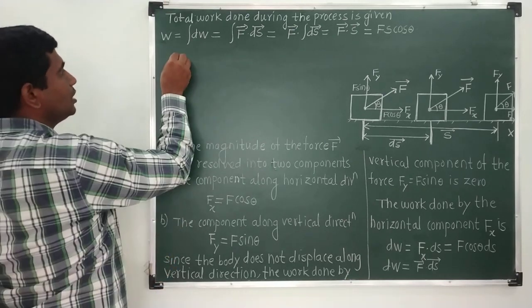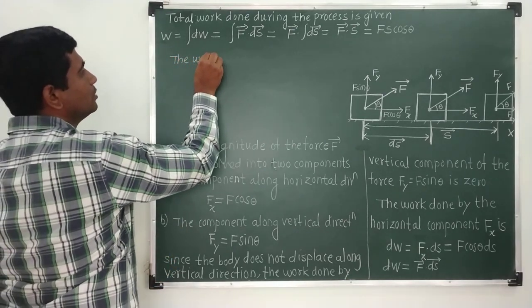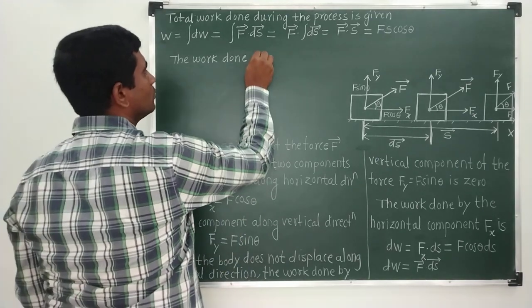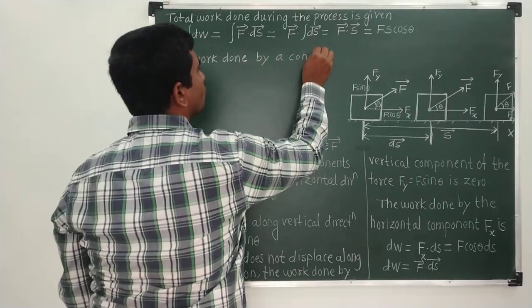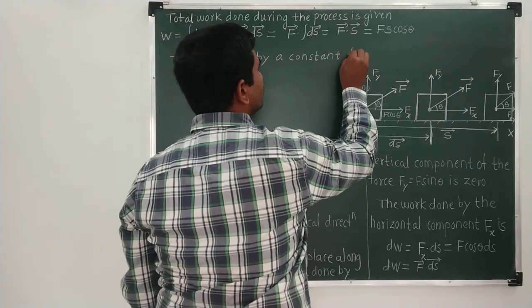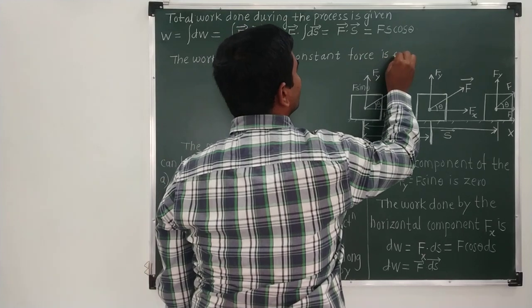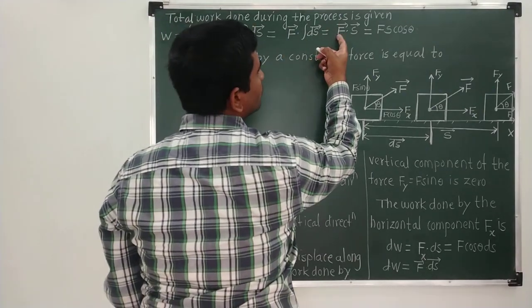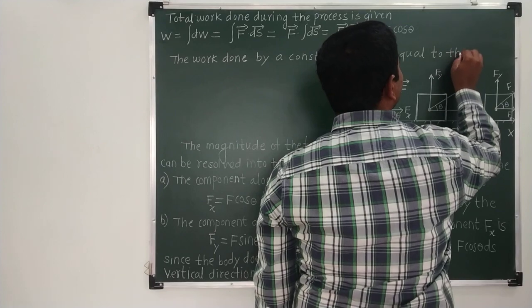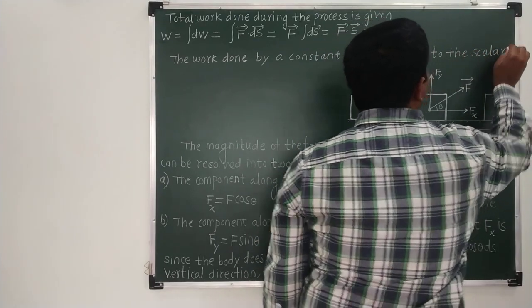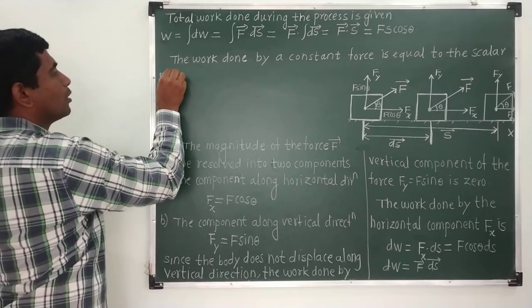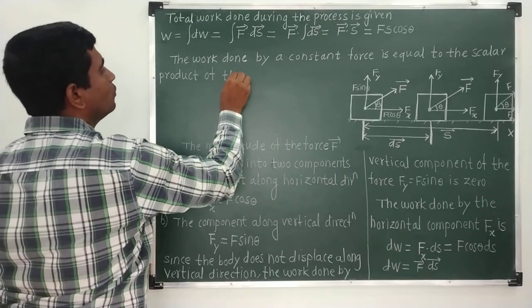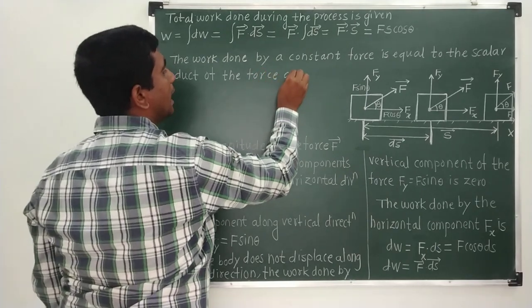So the work done by a constant force is equal to the scalar product of two vectors, the scalar product of the force and displacement.